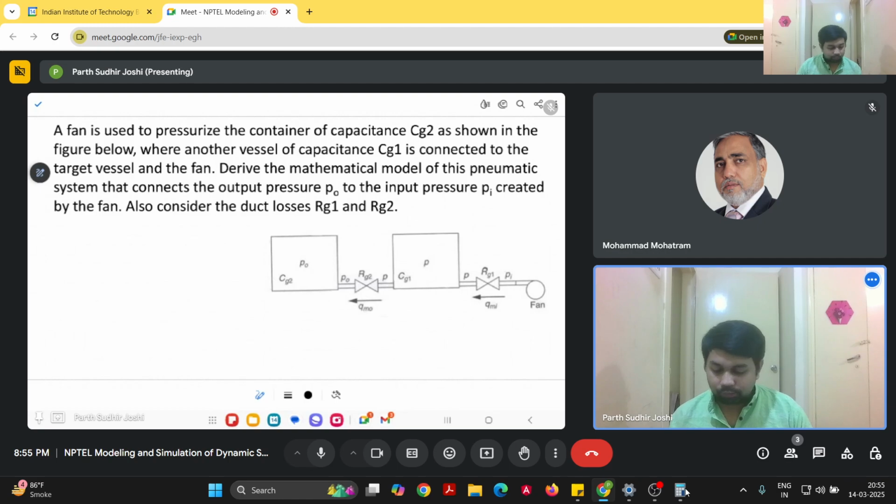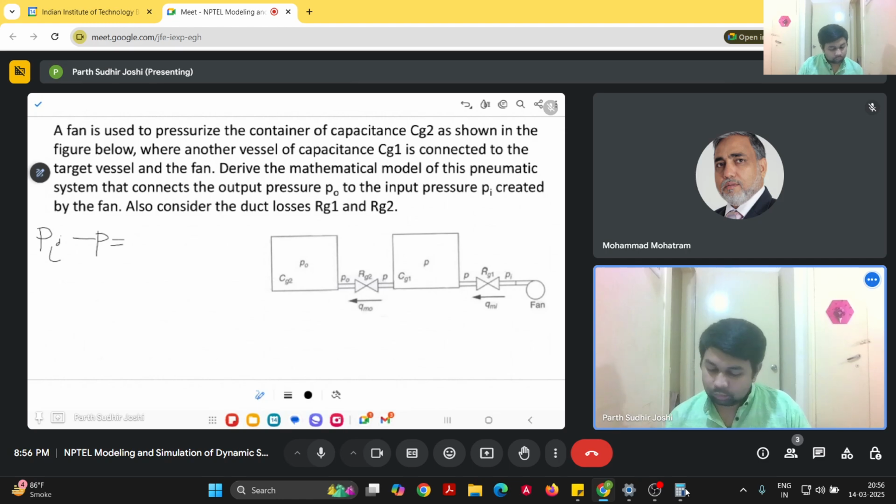For RG1, we can write Pi, the input pressure, minus P is, and we'll assume that QMI or QMO represents the mass flow rate of the air.